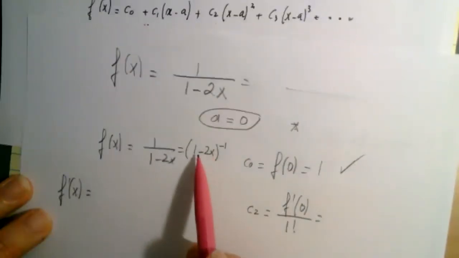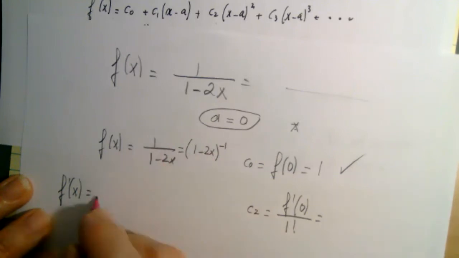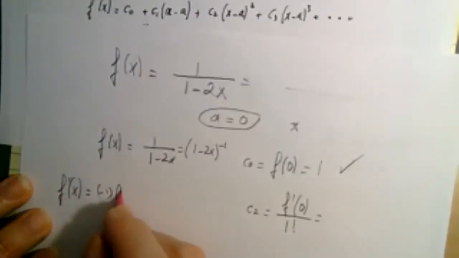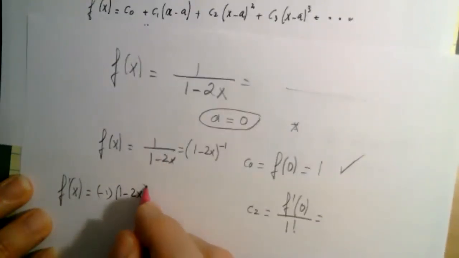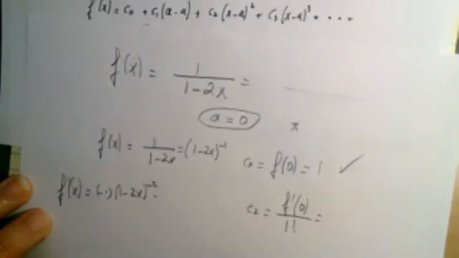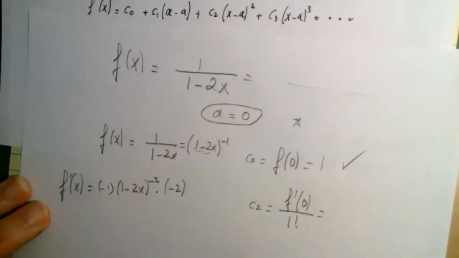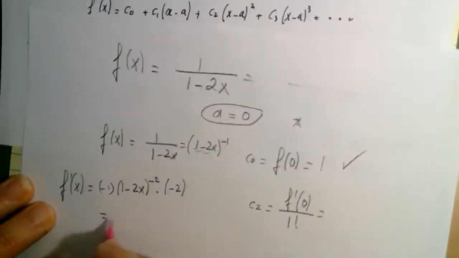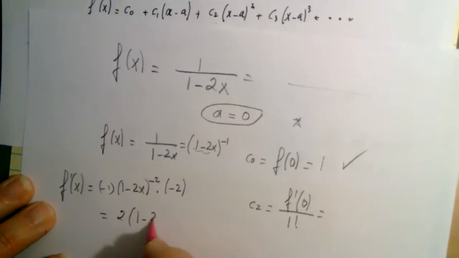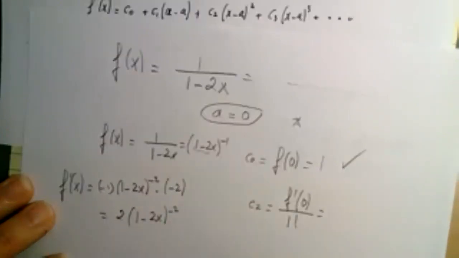And what do I get? It's minus the power, 1 minus 2x to the minus 2, times the derivative of what's inside, which is minus 2. It means my derivative is 2 times (1 minus 2x) to the minus 2.